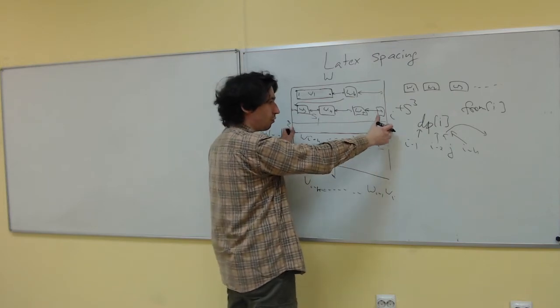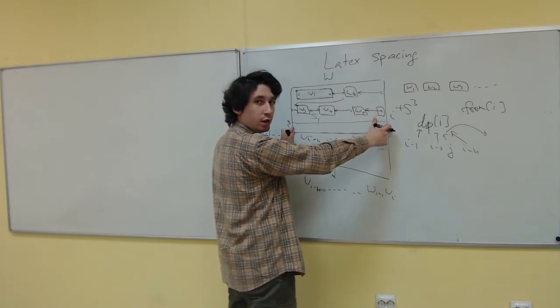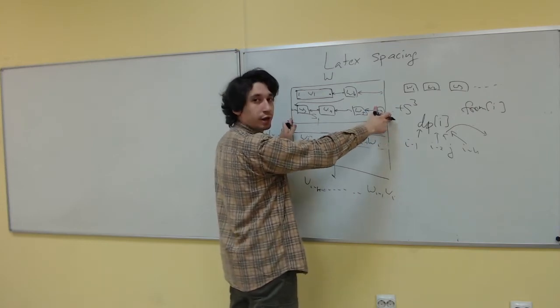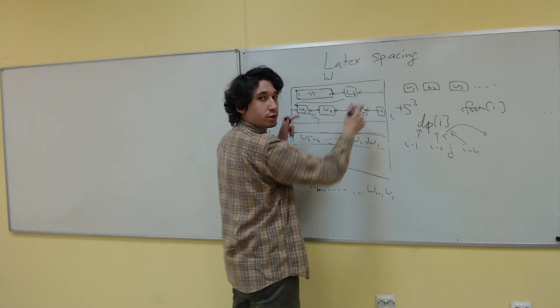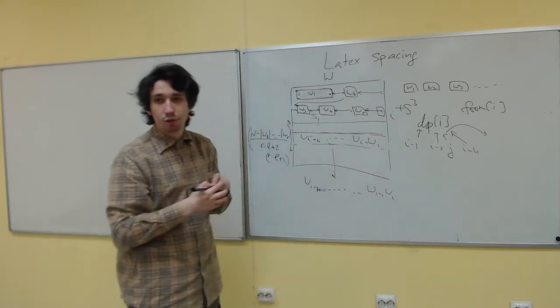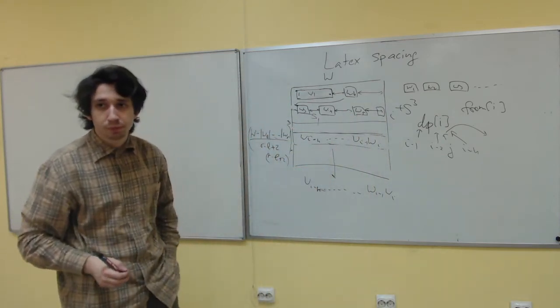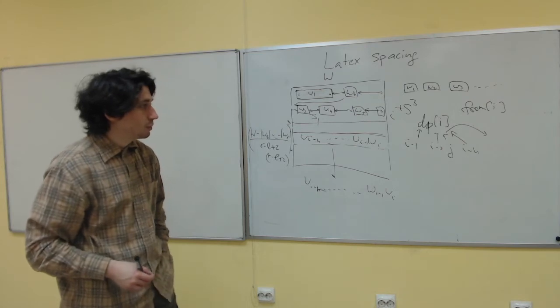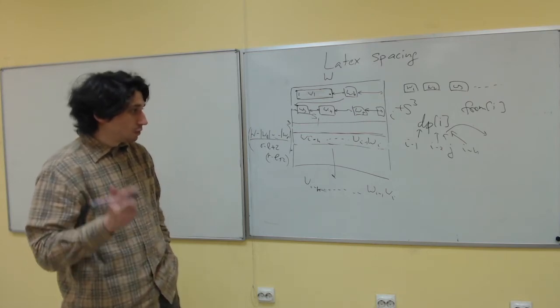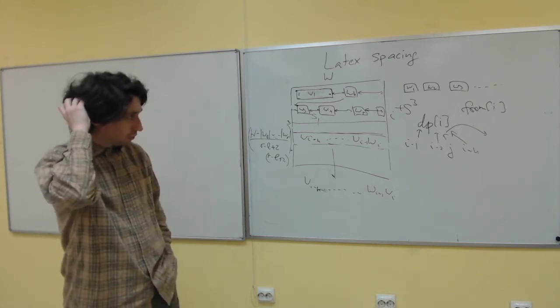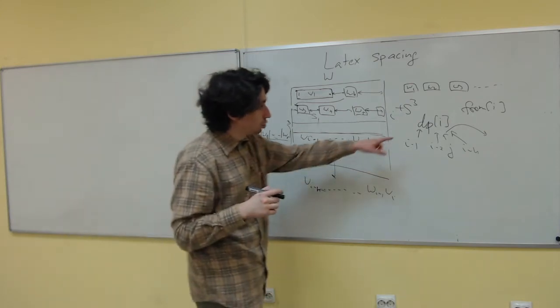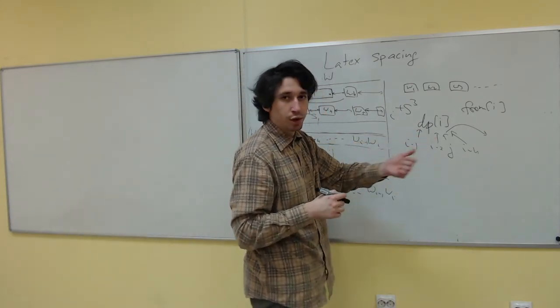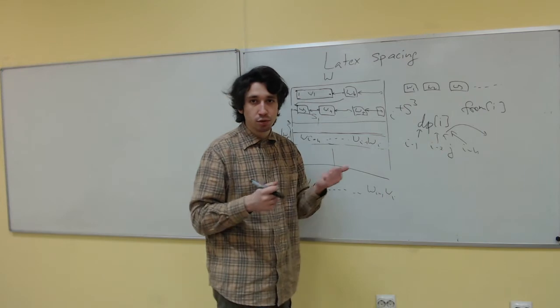Then you go to the previous state and check how many words in that line, and you go there, and then how many words in that line, and so on. You just restore it. So you just store how many words you added during the previous.